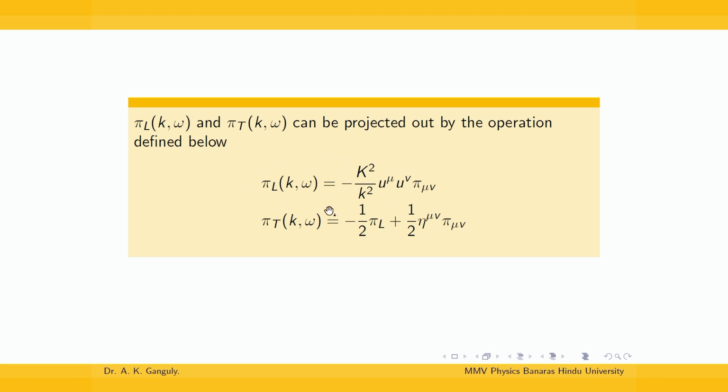And at last, if the algebraic manipulations are performed properly, one lands up with pi L equal to what we have on the top line here, and pi transverse equal to what we have on the bottom line, where on the right hand side we have to subtract out half the longitudinal form factor's magnitude from the trace of pi min.